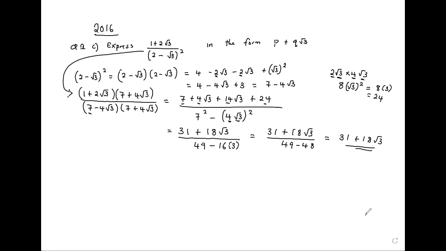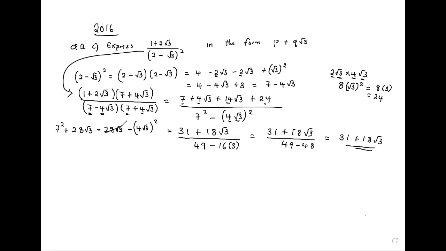So here we just avoided going the longer way, because if we go the normal multiplication way, you'd say 7 times 7, which is 7 squared, plus 7 times 4, that is 28 root 3, minus 4 times 7, that is 28 root 3, and then minus 4 root 3 times 4 root 3, which is 4 root 3 squared.